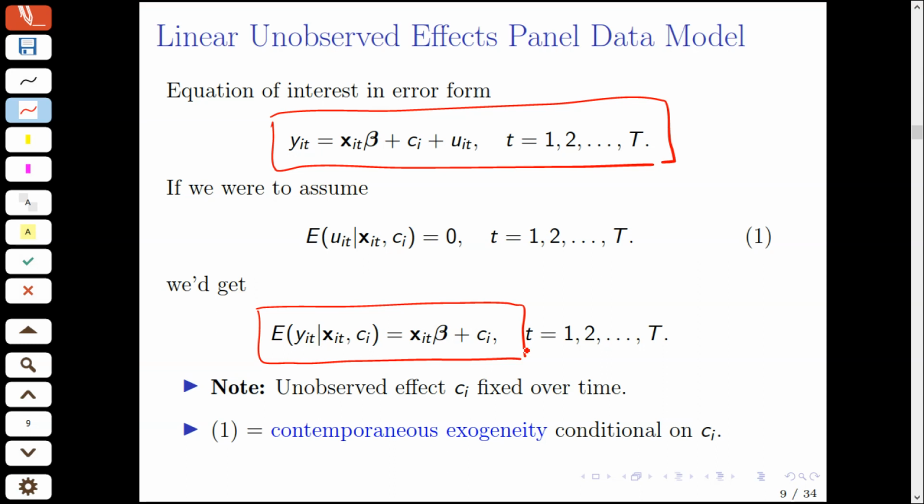Now for the purposes of the discussion that follows, let's denote the type of exogeneity as imposed in this equation 1 as contemporaneous exogeneity, or if you want to be specific, contemporaneous exogeneity of the x_it's, conditional on the unobserved effect c_i.